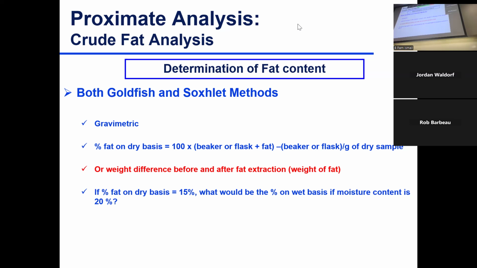Oh, this is the moisture. This is not the moisture, this is the fat. Oh, yes, okay, fat. Fat times by the moisture. But you don't want to times by the moisture, you want to times by the solid amount.